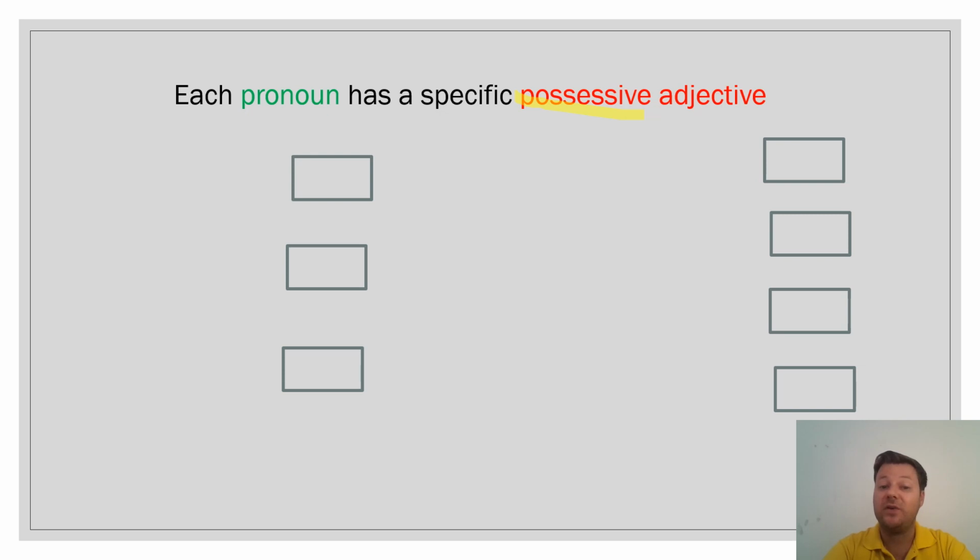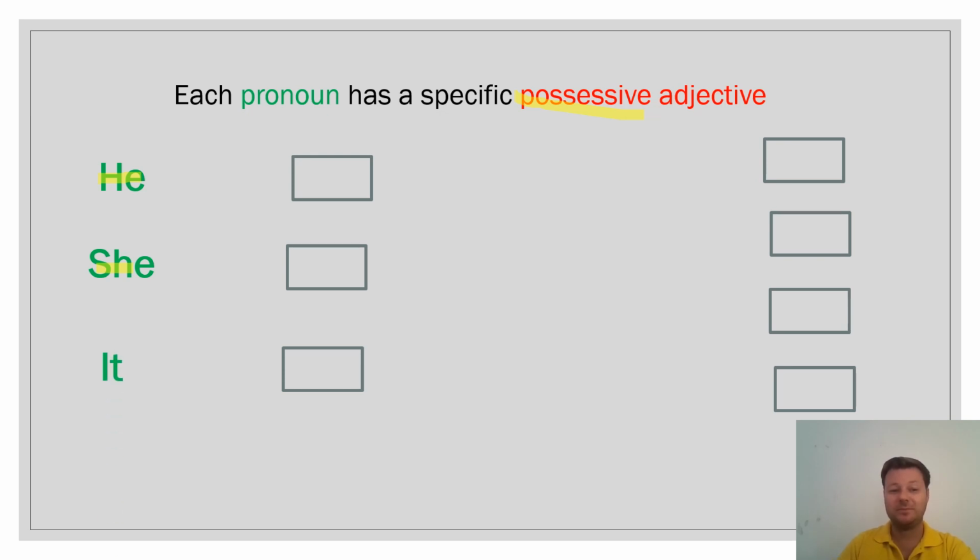So we are going to look at a few examples. Let's look at number 1. We have the pronoun he. We know that we use he for a boy. Number 2, she. We use she when we talk about a girl.